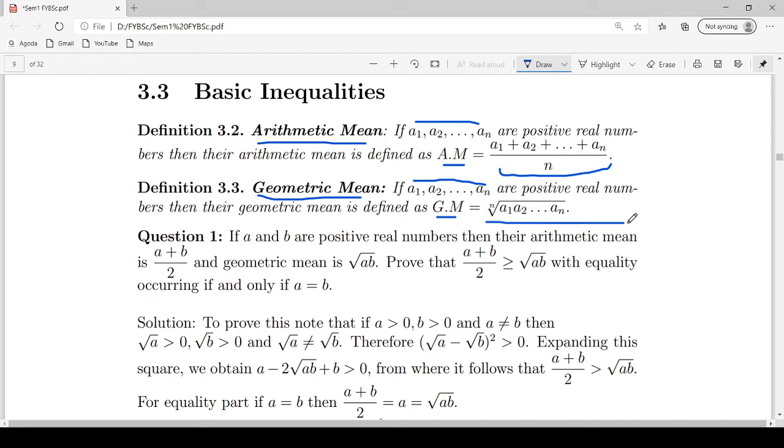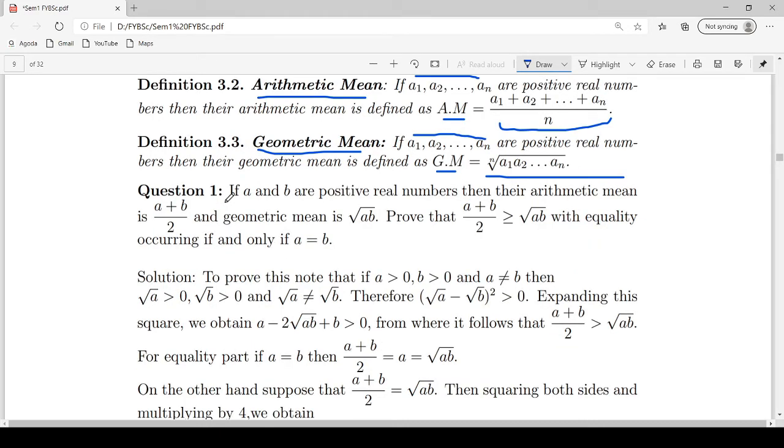to an. Now the next question I have put here: if you have two positive real numbers, say a and b, then the arithmetic mean of a and b is (a plus b) by 2 and the geometric mean of a and b is the square root of a into b.